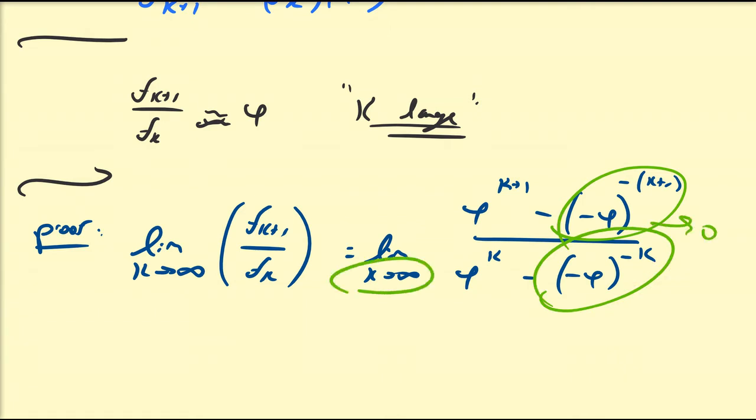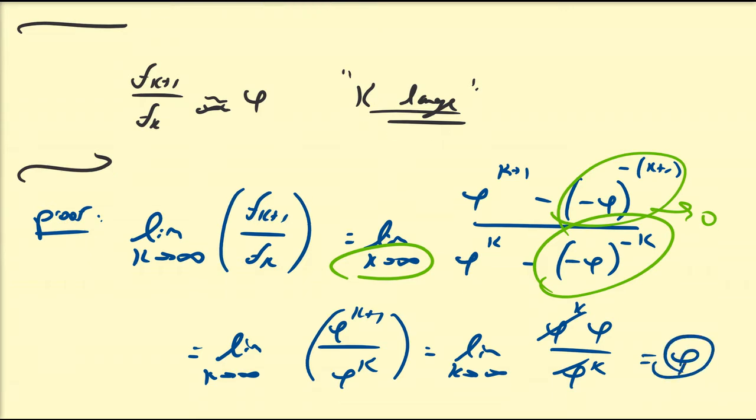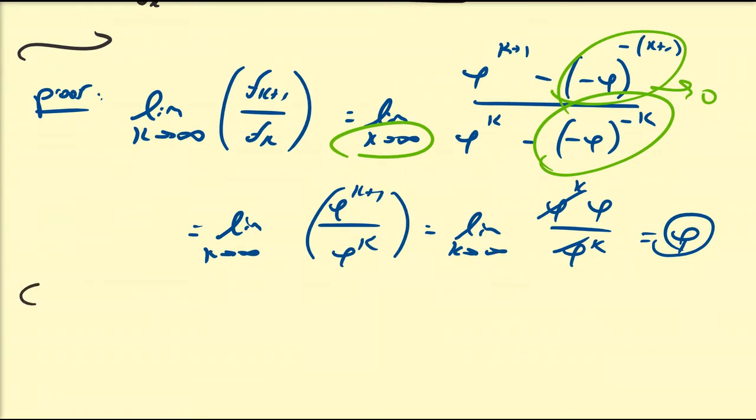So that means in the limit, this is just going to be equal to the limit as k goes to infinity of phi to the k plus 1 over phi to the k, which is just the limit as k goes to infinity of phi to the k times phi over phi to the k. And as we see, these phi to the k's cancel, and we're just equal to phi as the limit, right? So a very, very easy proof, and you can do some algebraic justifications if you're not comfortable with that type of manipulation, but that's just an asymptotic in a way.